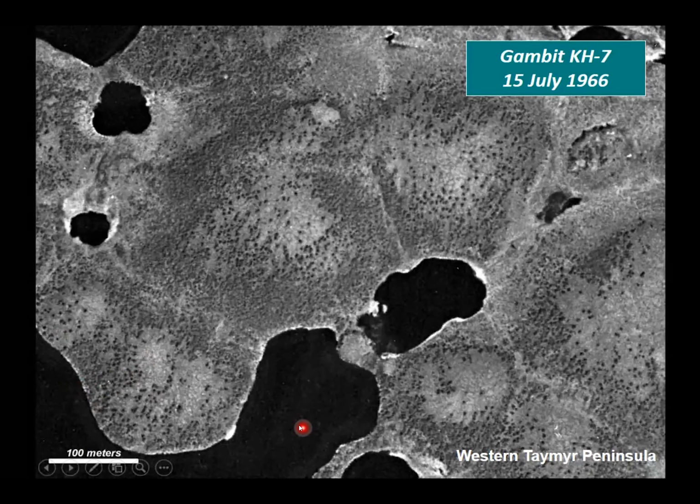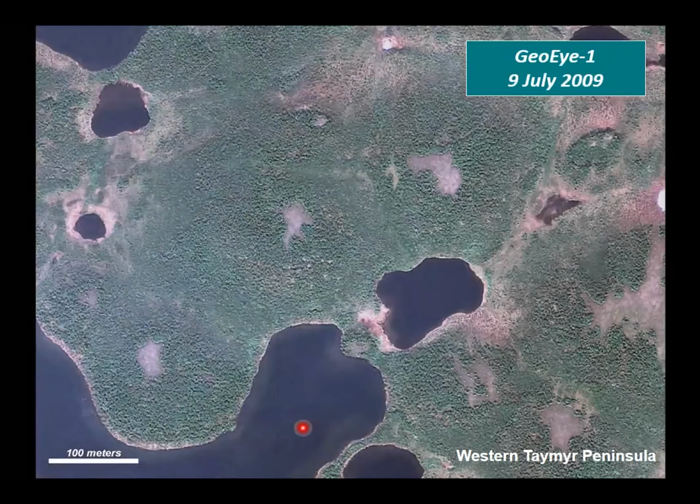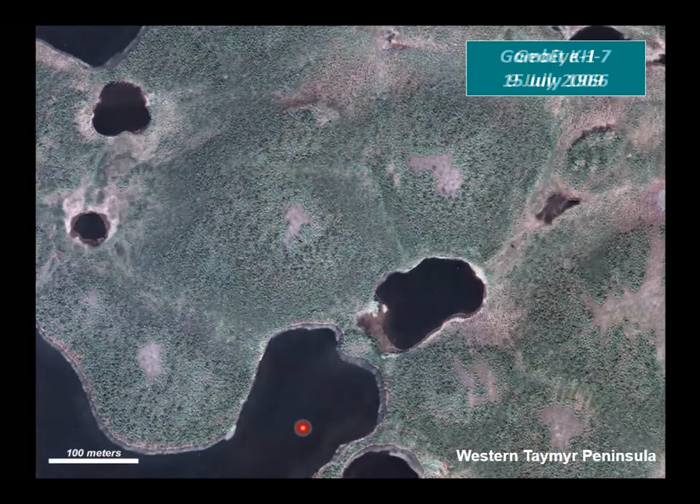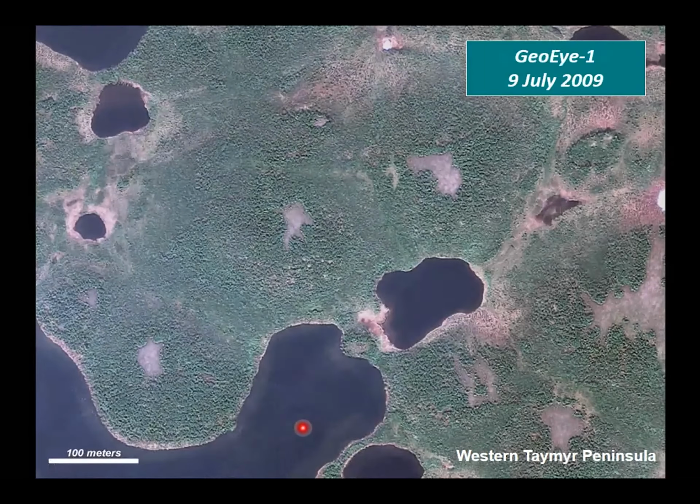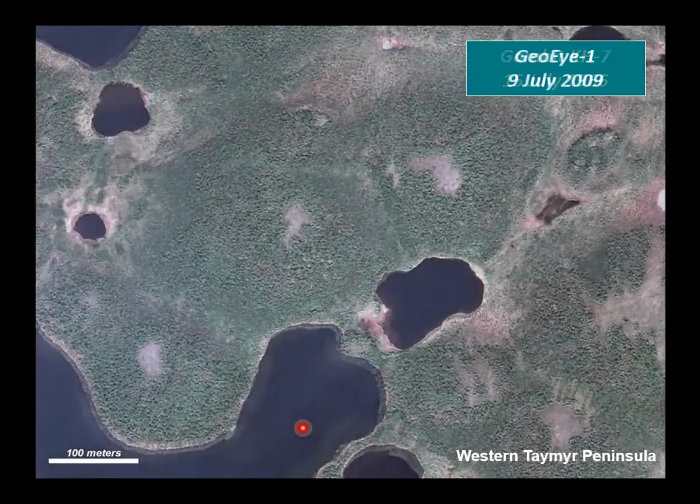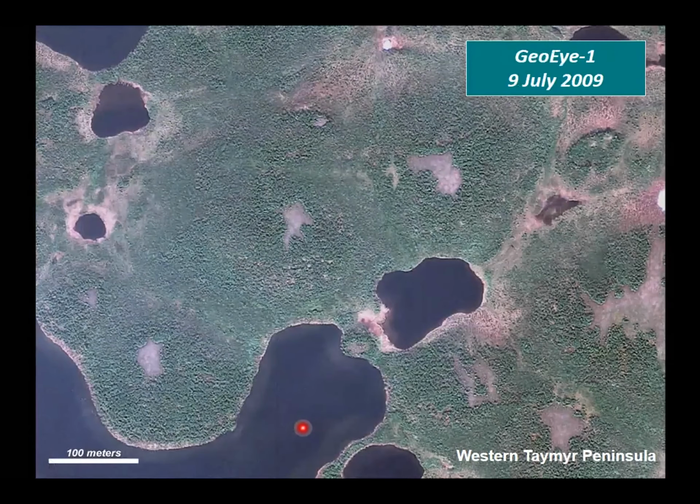And we paired this with a high resolution commercial satellite image from GeoEye. And I'll just flip back and forth, and you can see that there are big differences in the shrubs between those two time periods. So this is some pretty dramatic shrub expansion over a 40-year period. So this tall shrub expansion is one of the mechanisms that's causing the greening of the Arctic.